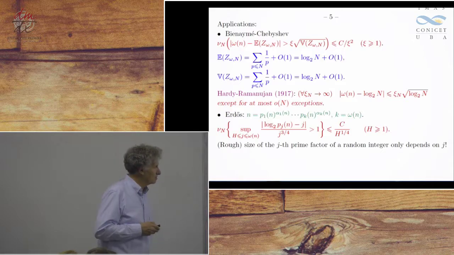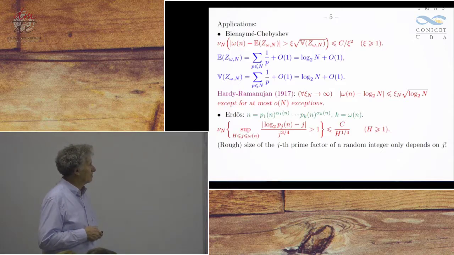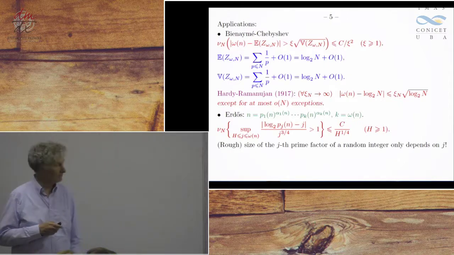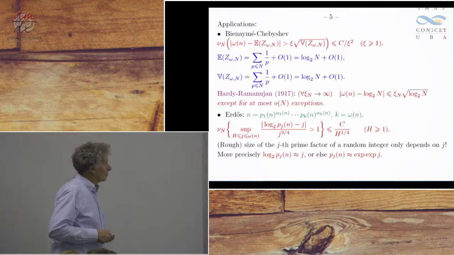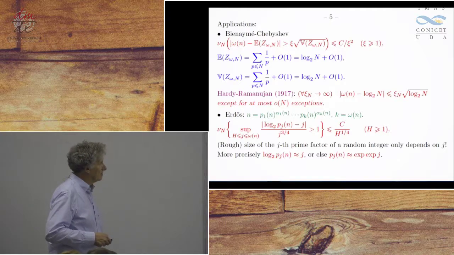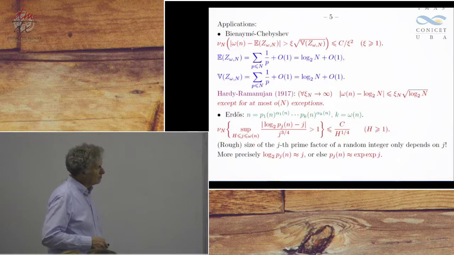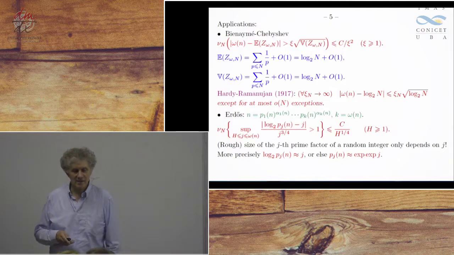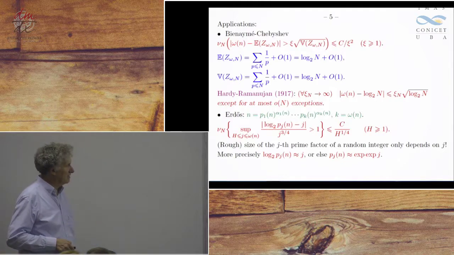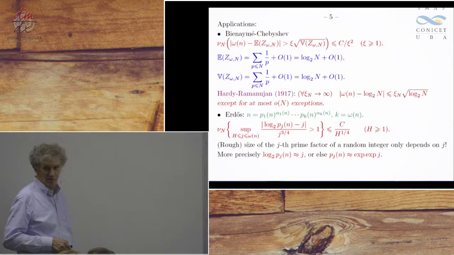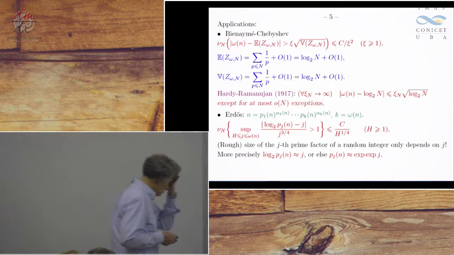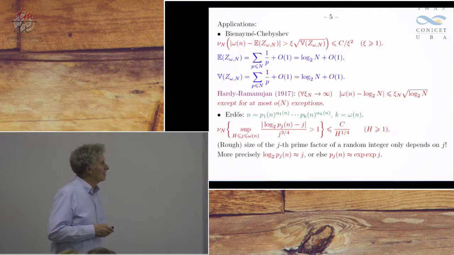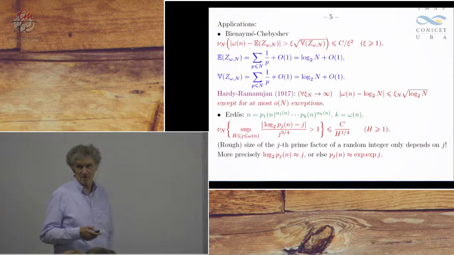So the size of the jth prime factor of a random integer only depends on its index. And of course, the log is close to j, or we can also say that p_j of n is close to e^j. But the error here is in the last exponent, so it doesn't mean that you have a real asymptotic here. But here you have, I mean, it is really asymptotic.